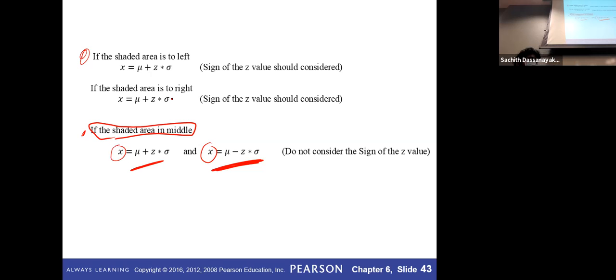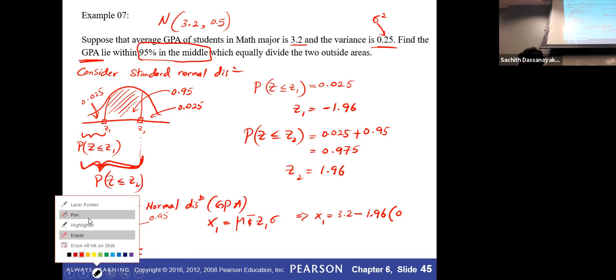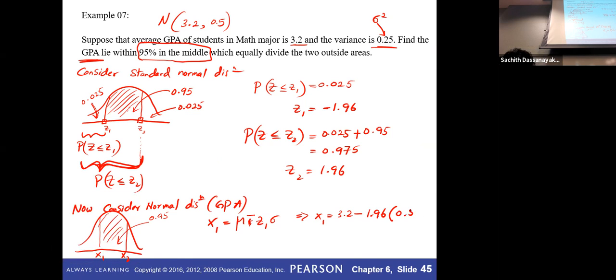So less than value means X1, greater than value means X2. So X1 here: 3.2 minus C1 is 1.96 times, let me use the brackets, times sigma. It is 0.5. So what is this X value?